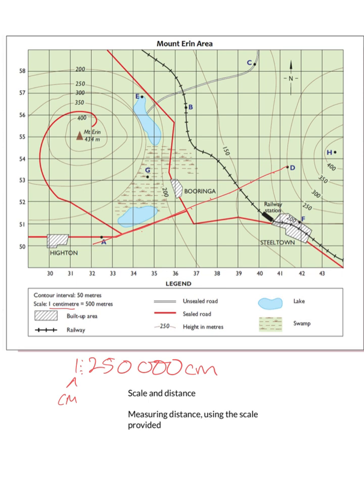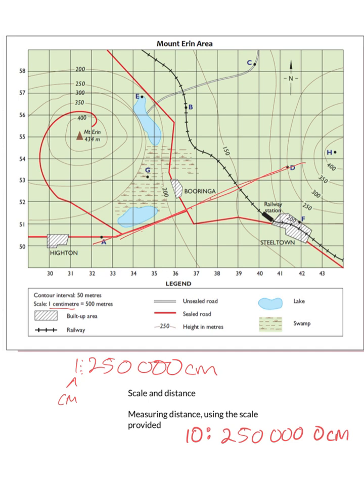Let's pretend that was a 10 centimeter line, so we've got numbers that I can work with in my head. 10 centimeters on the map equals 10 times 250,000 centimeters, and we add another 0 because we're timesing it by 10. So that distance, if it's 10 centimeters, is this far.